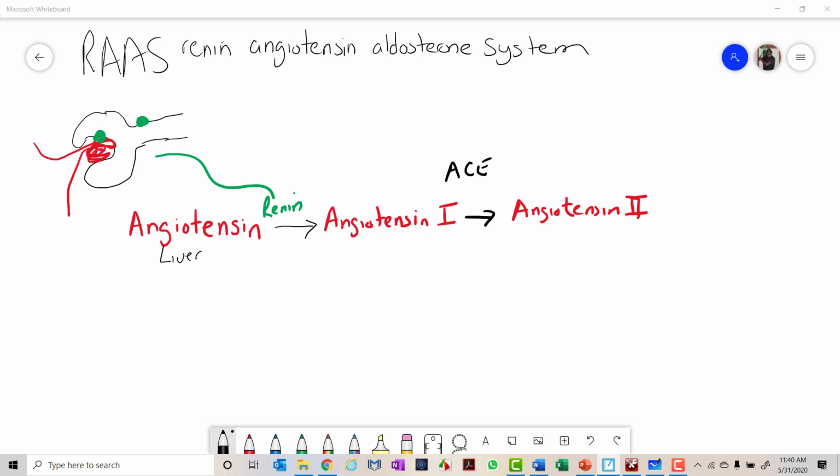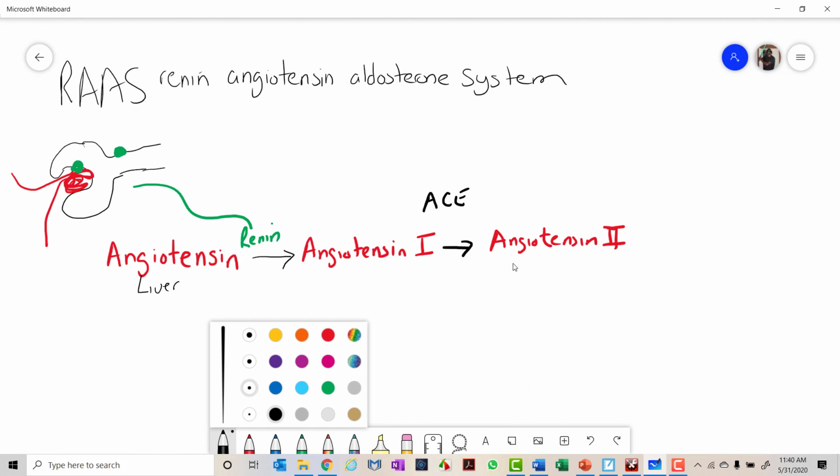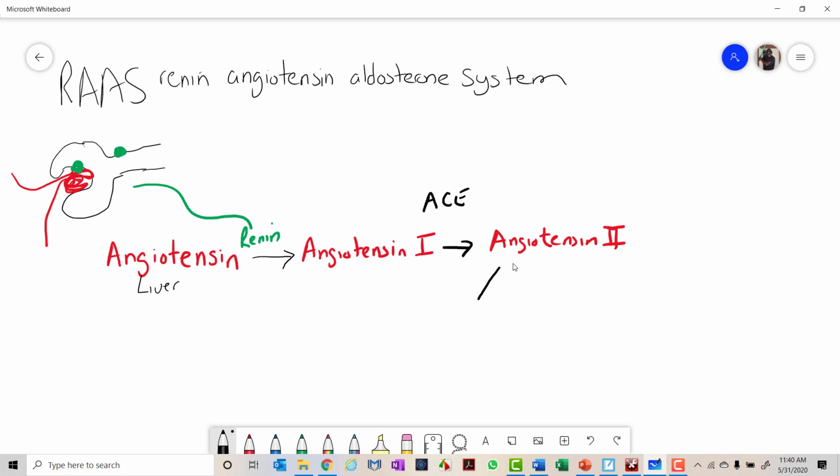It also has an effect on other parts of the body as well. The angiotensin 2 will affect the adrenal gland. So here we are in the adrenal gland. And it will cause the adrenal gland to release a hormone known as aldosterone.